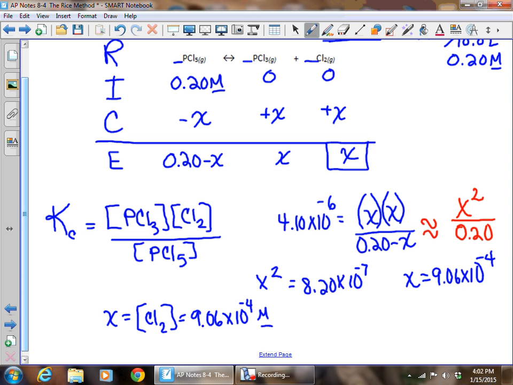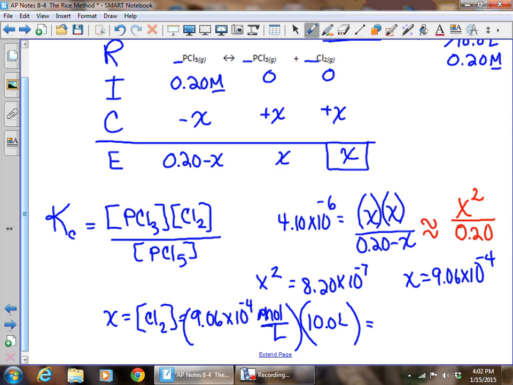Now here's the problem. That's not what it asked for. What did it ask for? It asked for moles of chlorine. So remember that molarity is moles over liters. So all I need to do to get this into moles is to simply multiply by the 10-liter flask that we started with.